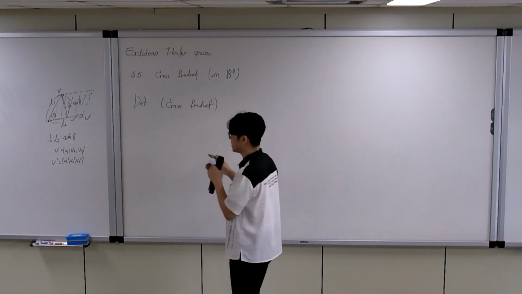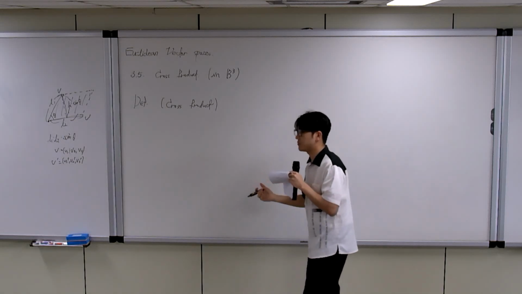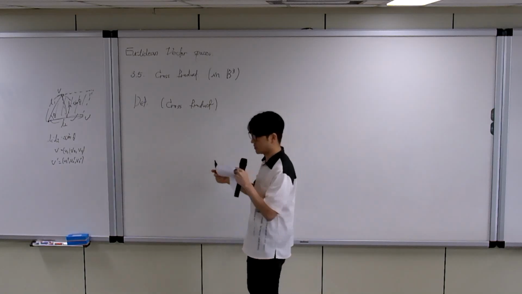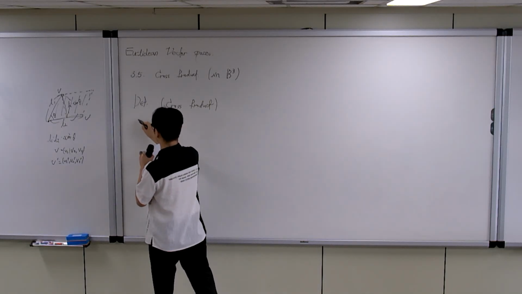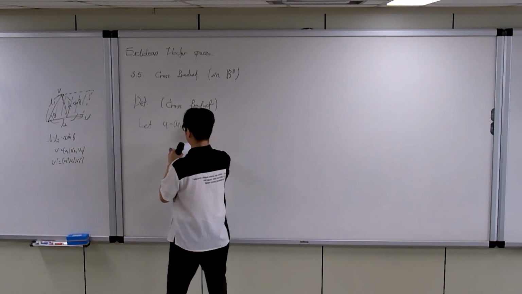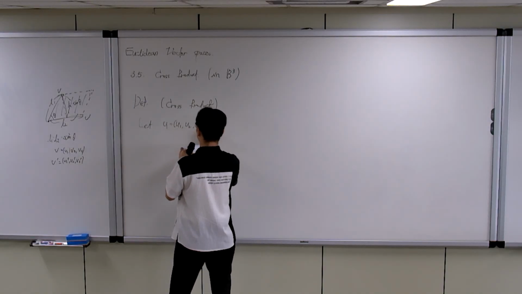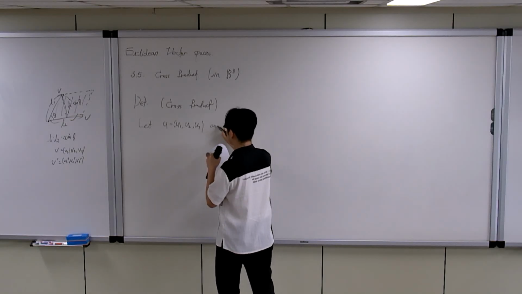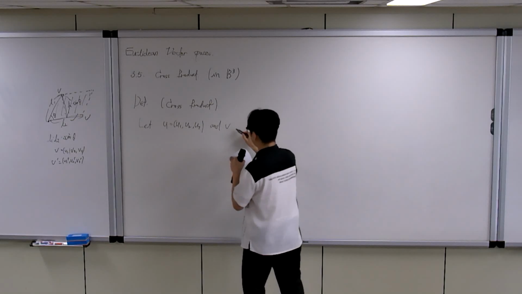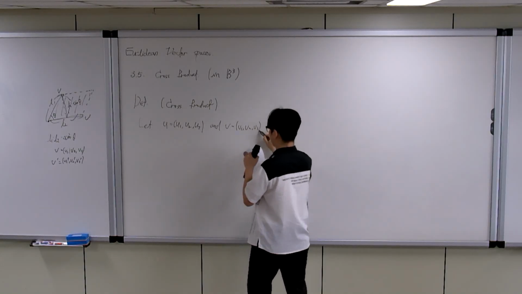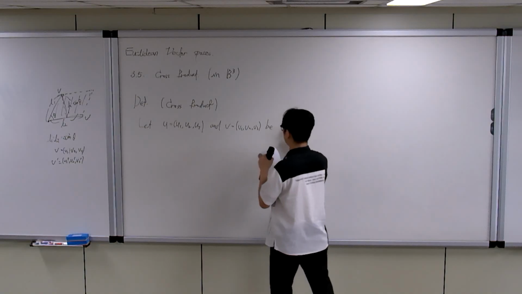It will give a vector, given two vectors. So let U be a vector in R3, and also let V be a vector in R3.